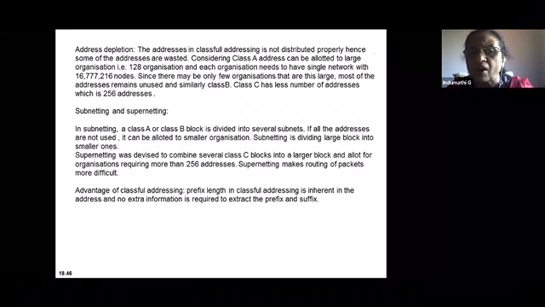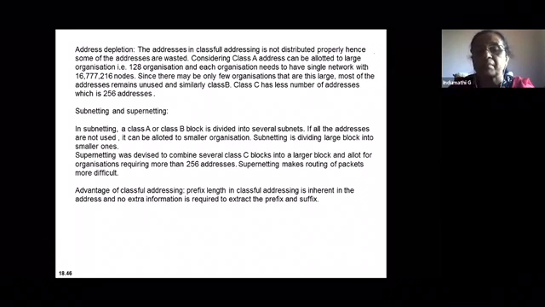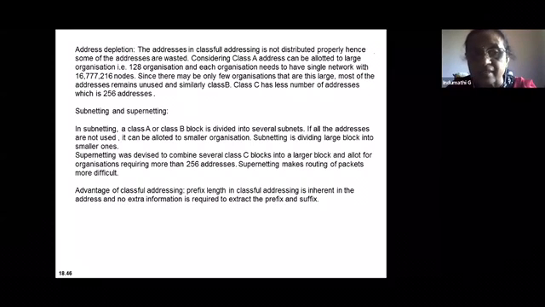Address depletion is what? You are actually running out of address space, because you are wasting more addresses by giving a class A or class B address to an organization which does not require that many addresses. That is why you are wasting addresses and you are running out of address space. This is what is called as address depletion. The solution for that is go for subnetting and supernetting.